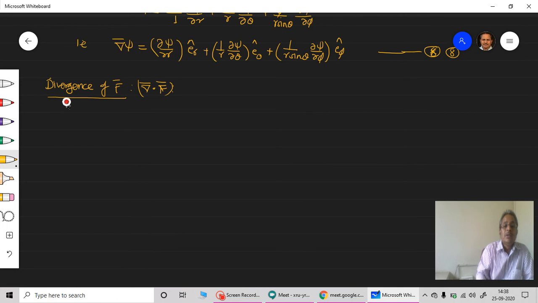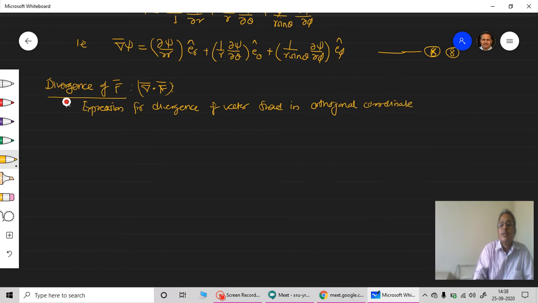Now our expression for divergence of a vector field in orthogonal curvilinear coordinates is, we have already written this equation at least 3-4 times.